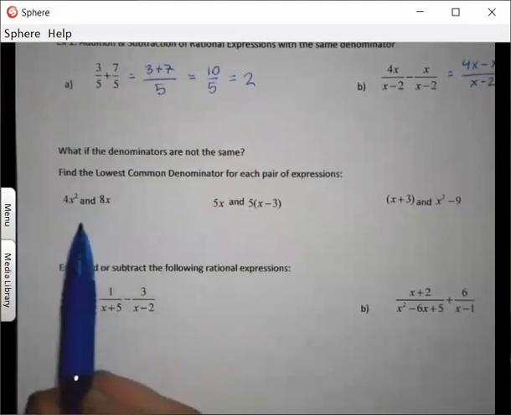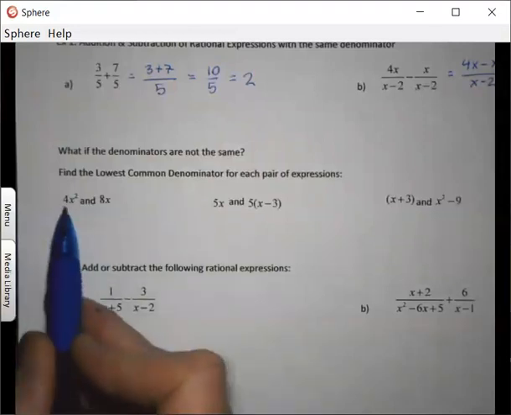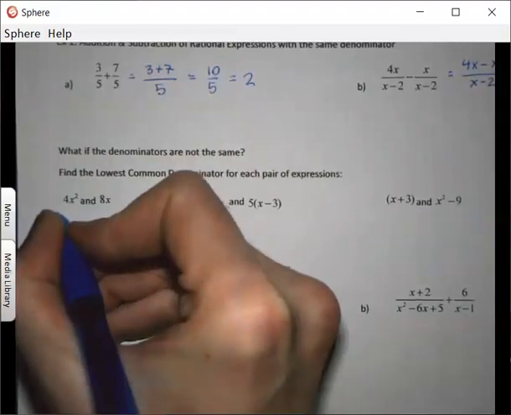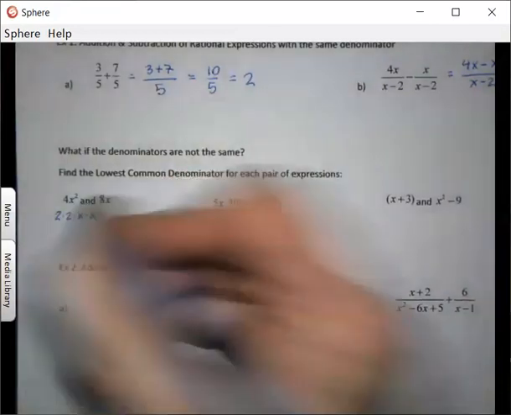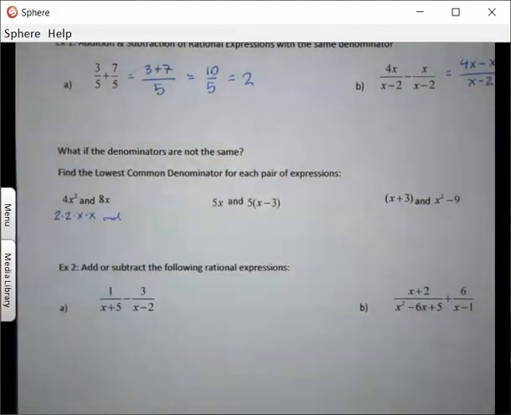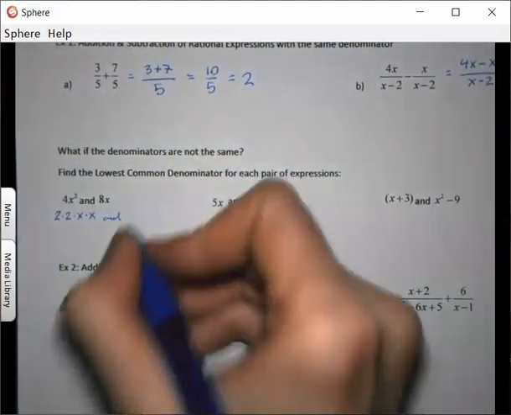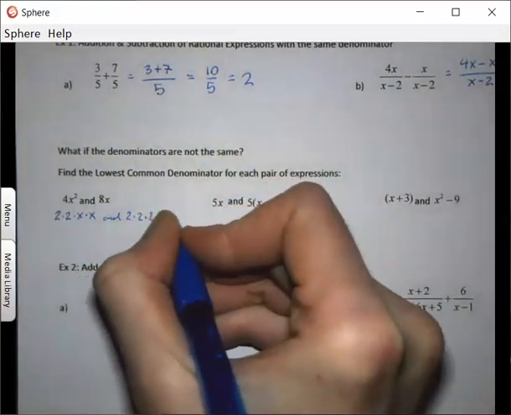It's good practice to look at the factors because we have to when we're dealing with more variables. So for example, 4x squared, I can write that as 2 times 2 times x times x. And 8x squared, that's 2 times 2 times 2 times x.